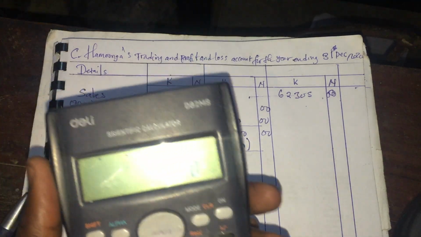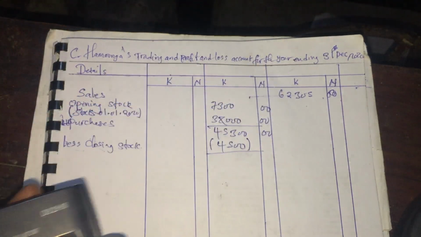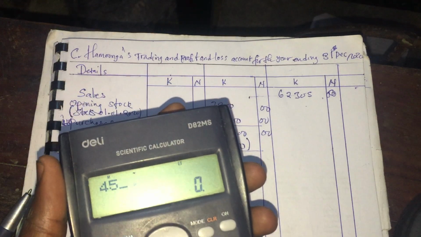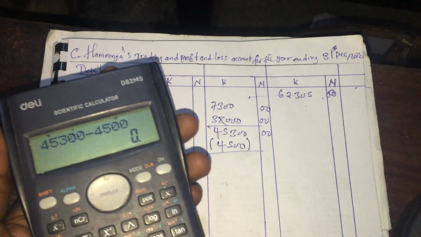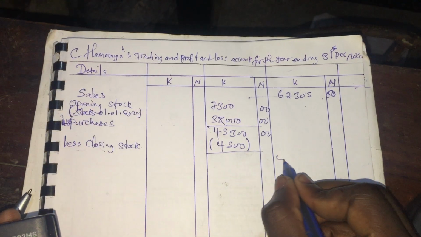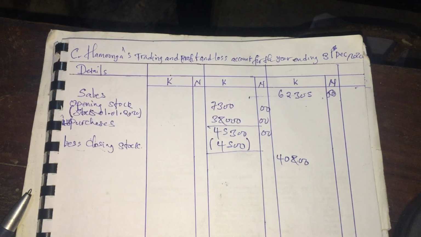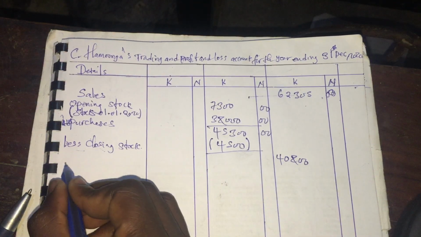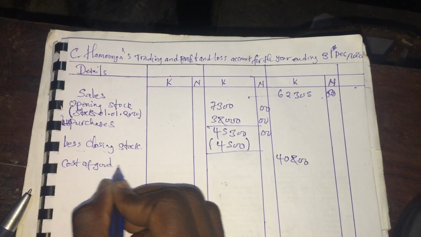So we punch 45,300 minus 4,500. The amount is 40,800. This amount we call the cost of goods sold.